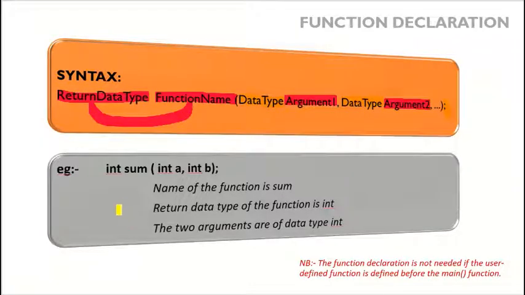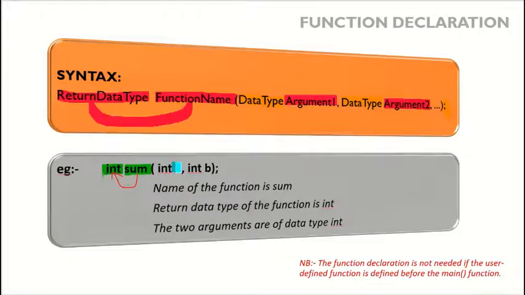An example of function declaration is shown: int sum(int a, int b); Sum is the function name. Int is the return data type, that is, the type of data the function returns to the calling function is integer.